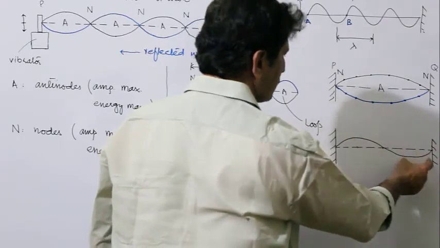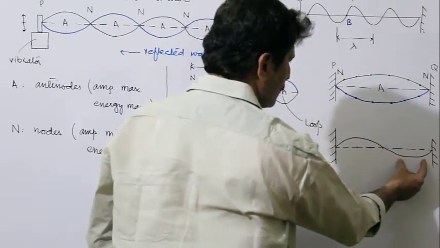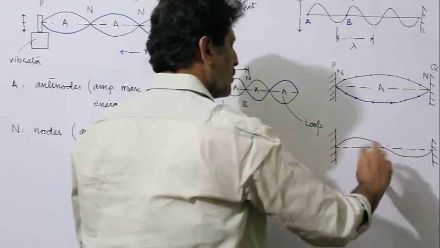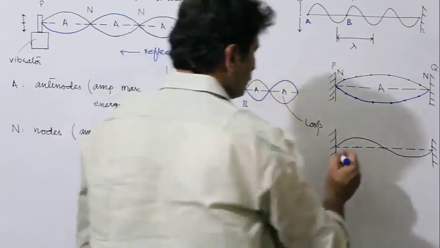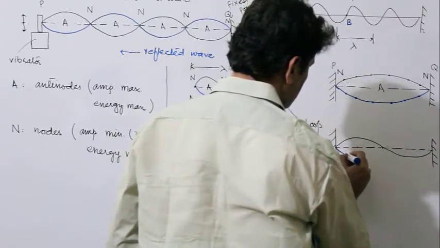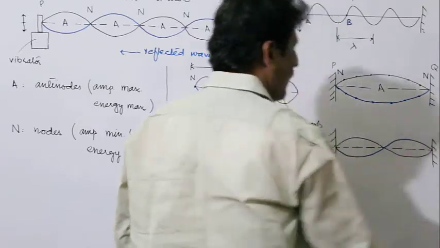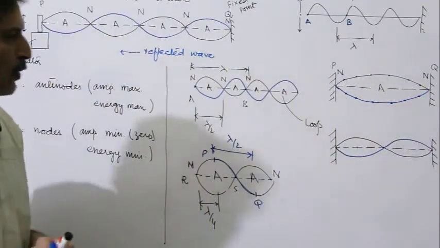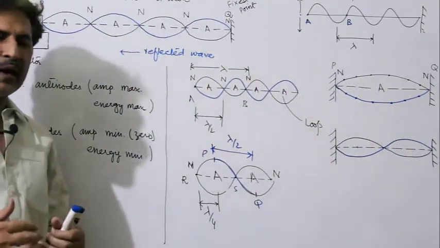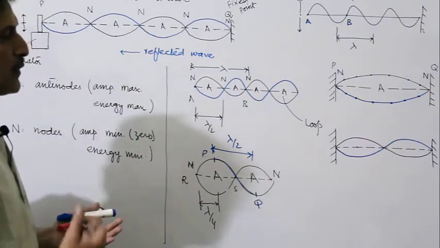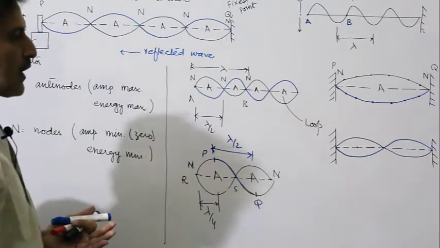At the same time, the crest of this loop will move in the upward direction. So the new position of the wave will be this one, this blue wave, and this wave is formed because this string is moving with a very high frequency, which cannot be observed by our eye.